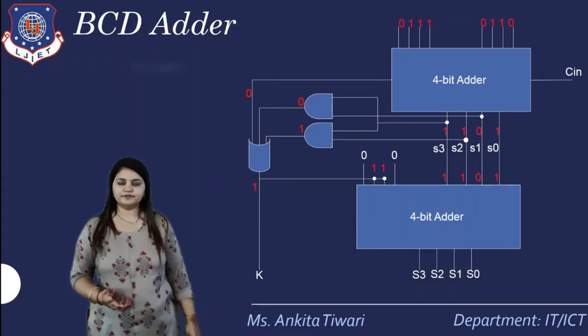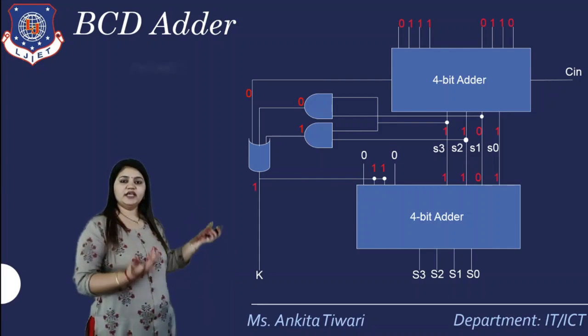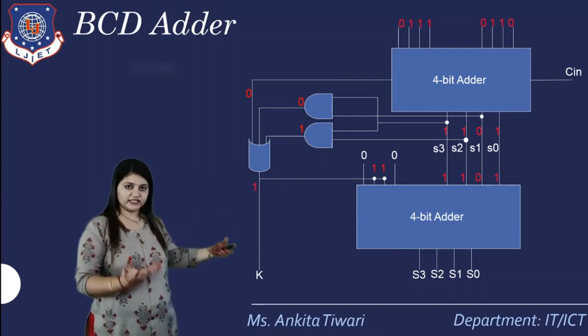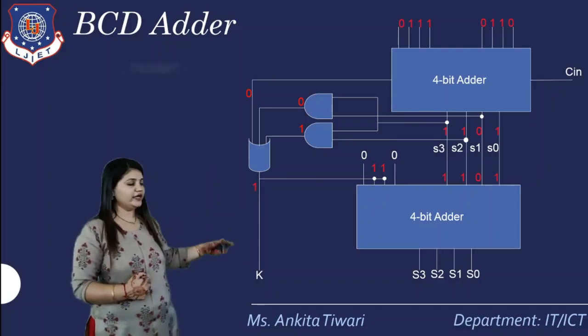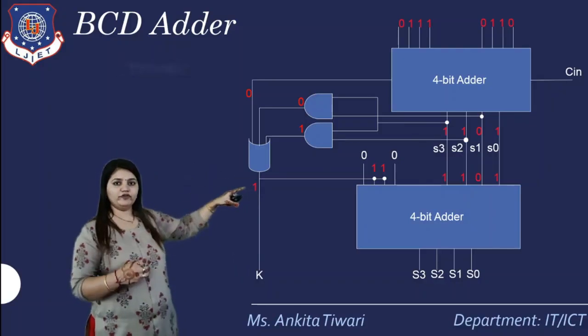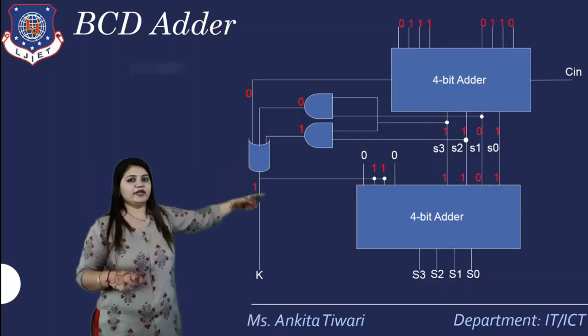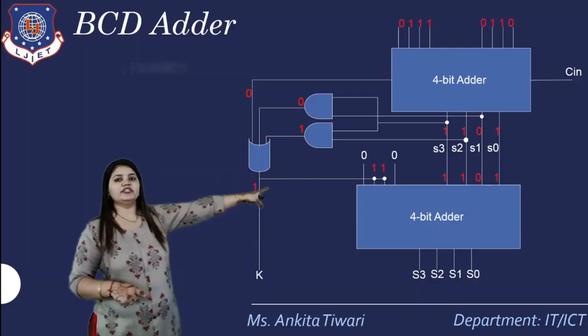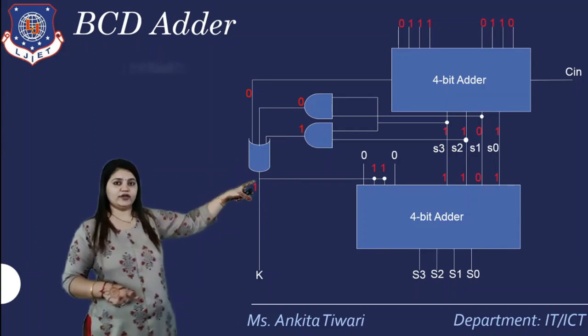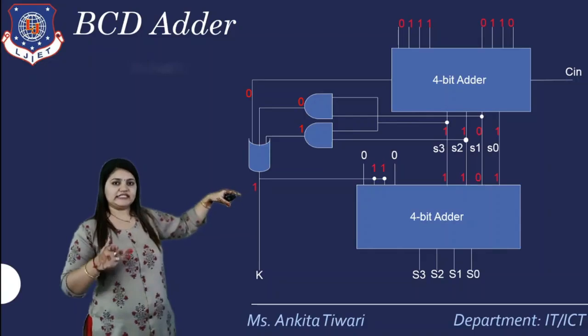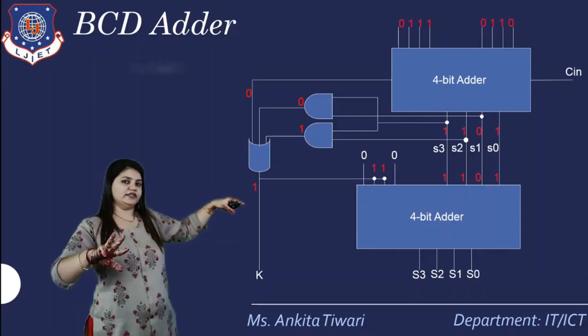So this is what a BCD adder is. It comprises a 4-bit adder and one more 4-bit adder, because we are adding 6 to the answer we got, and you have to configure the equation in the form of gates. Here three gates are applied: two AND gates with the conditions S3 S2 and S3 S1, and an OR gate with the three conditions K, S3 S2 and S3 S1.